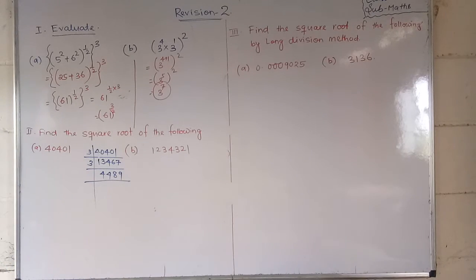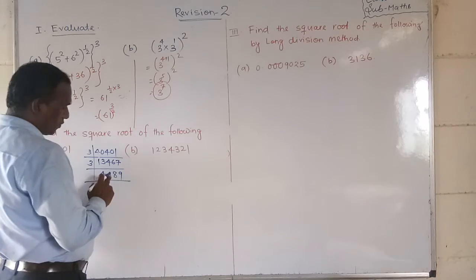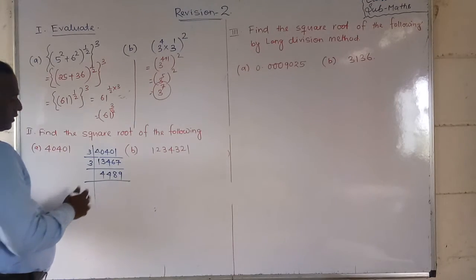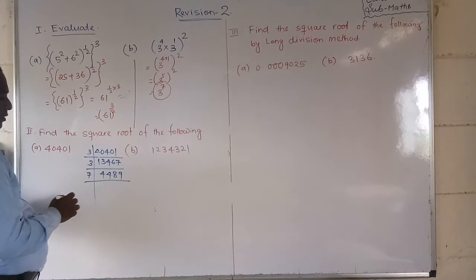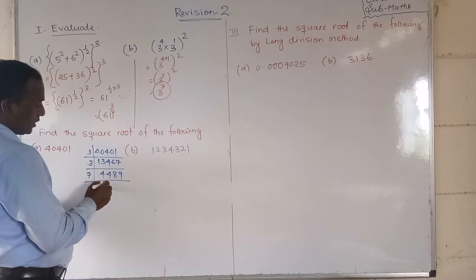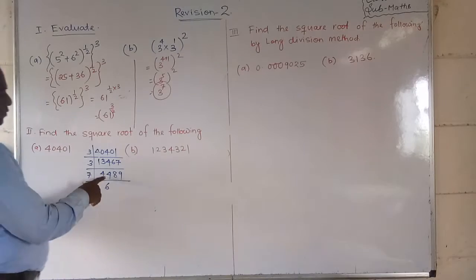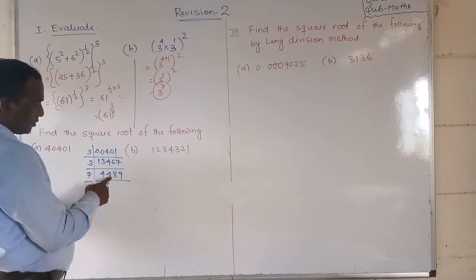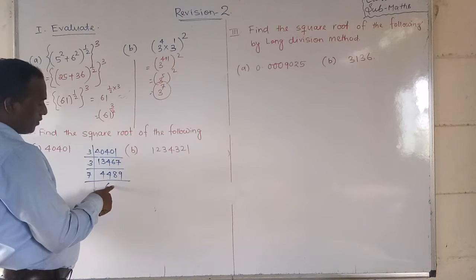Now how much, students? We can take 7, see whether 7 is going or not. 7 7 ja 49, 7 6 ja 42, 28, 7 4 ja 28, not going.